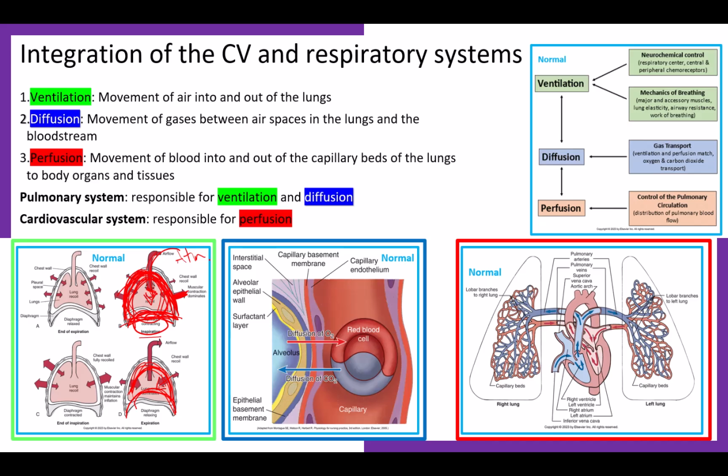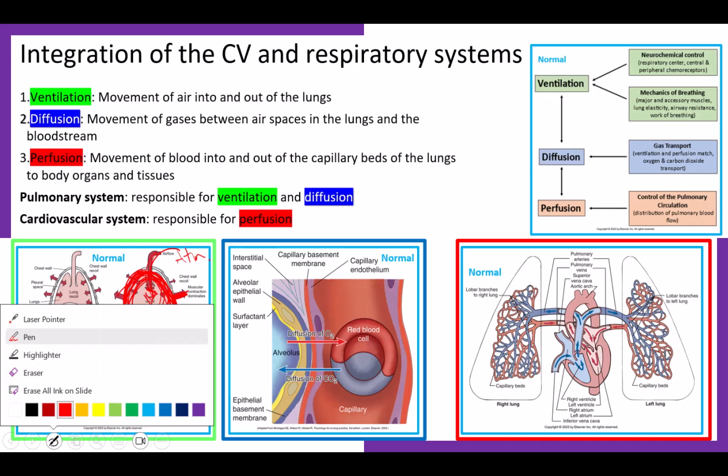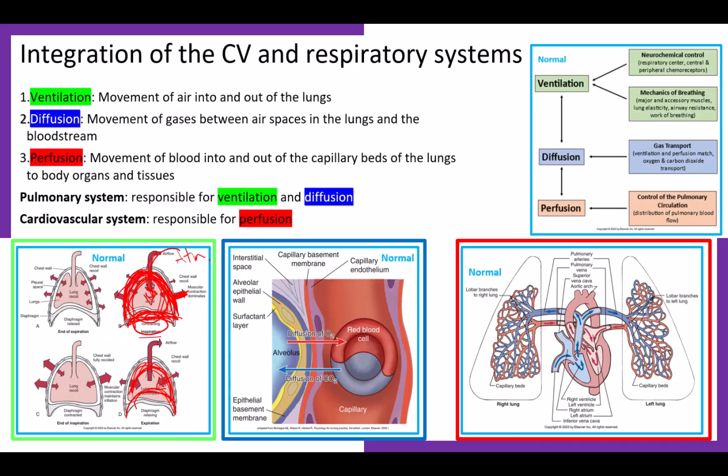right? So that's ventilation. Diffusion is the passive movement of gases from an area of high pressure for that gas to an area of low pressure for that gas. So when we look at the air that's moving into the lungs and into the alveoli, there's a higher pressure of oxygen in the alveolar air compared to blood, and so oxygen diffuses into blood.